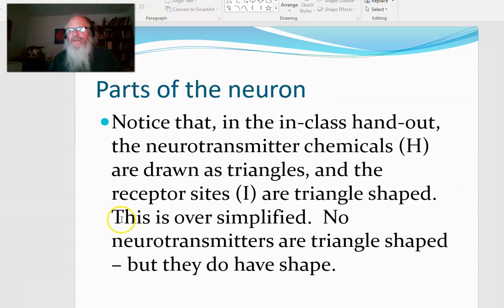At the end of this presentation, one of the things I'm really hoping that I can invite you to think about is that the shapes that our illustrations and animations show for the neurotransmitter chemicals are oversimplified.